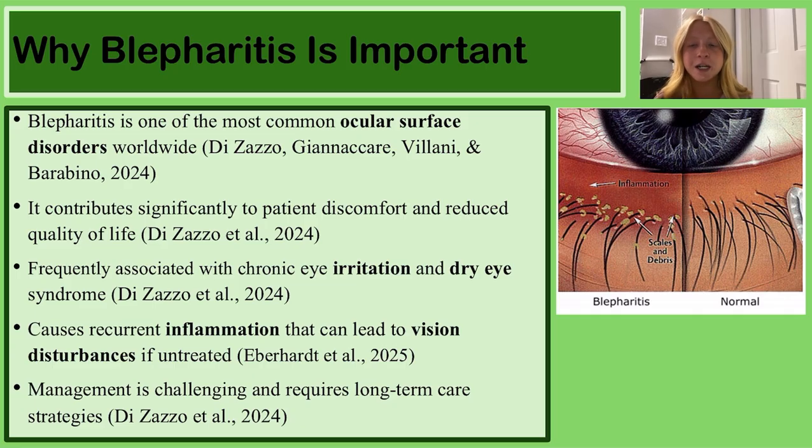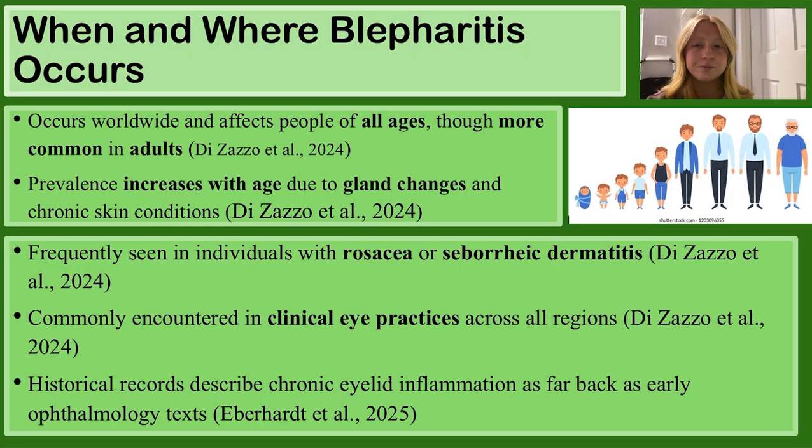It's not a simple infection, it's a chronic infection. It's a chronic interaction between the host's immune system and the microbial community of the eyelids. And that's why it's important to learn about these complex relationships between microbes and inflammation in chronic eye diseases.